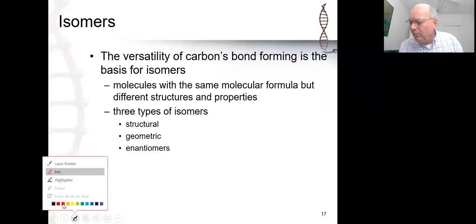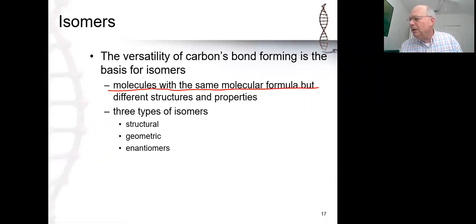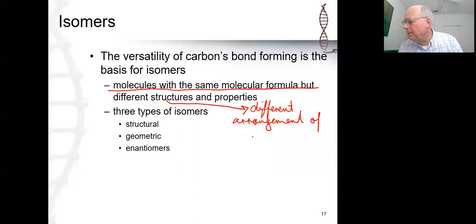So in order to remember what an isomer is: molecules with the same molecular formula, but different structures and different properties, or different arrangement, because, as you'll see, structure is somewhat in the eye of the beholder.